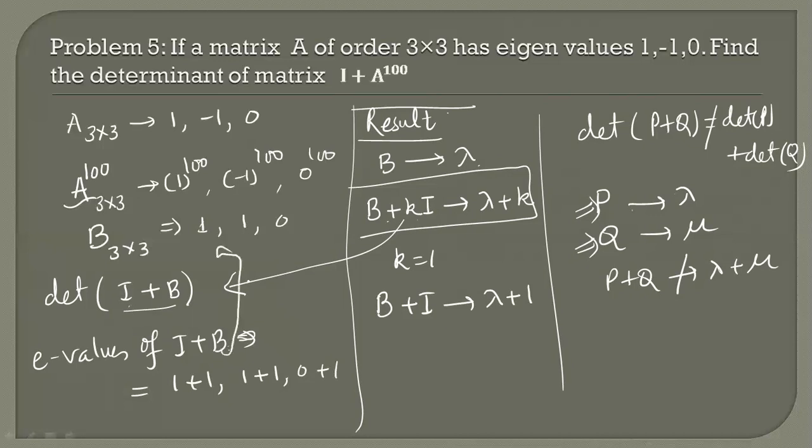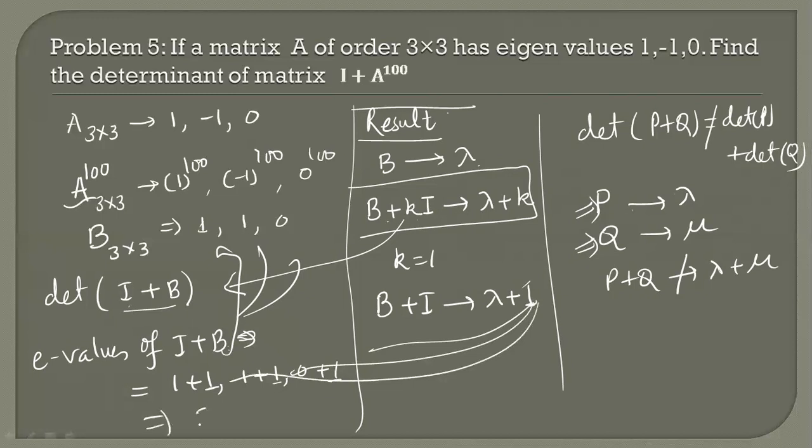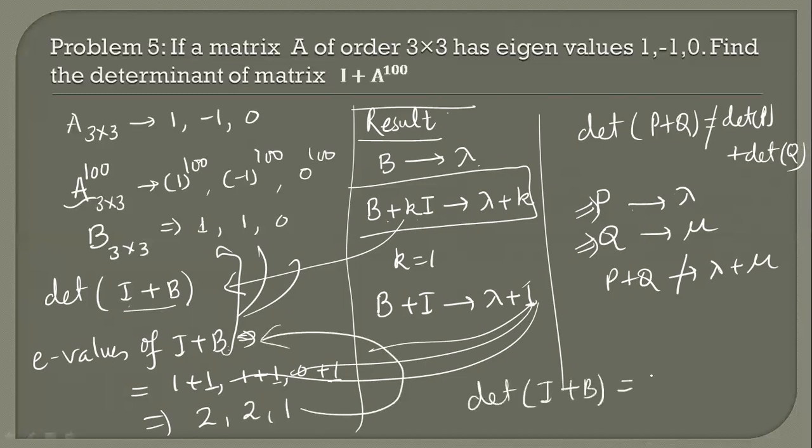B has eigenvalues 1, 1, 0, and this is the eigenvalue of identity, which is 1, and I am adding it here. So the eigenvalues of I plus B will be 2, 2, 1. If you know the eigenvalues, you can find the determinant of the I plus B matrix. This is nothing else but the product of eigenvalues, that is 2, 2, 1, which is 4. It means the determinant of I plus A to the power 100 is going to be 4.